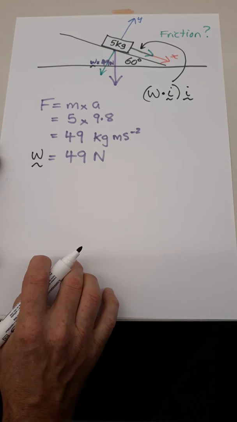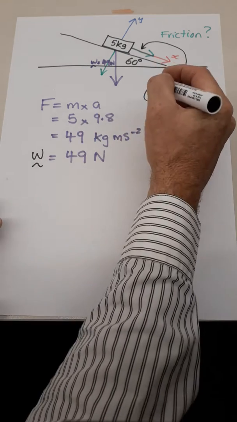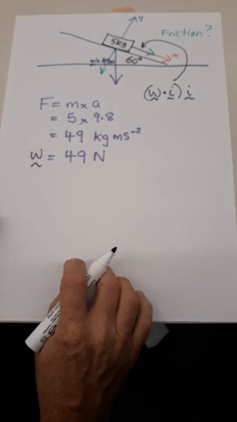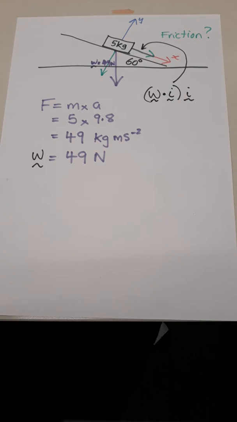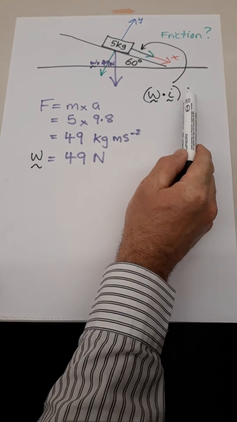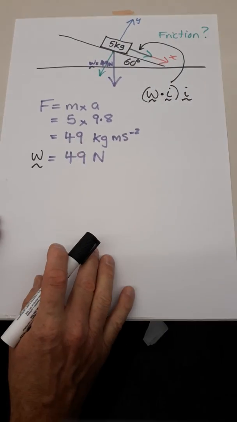How much of W, the purple vector, is heading down in the x direction. So I'm doing the dot product of the vector W and the unit vector i, the unit vector in the x direction. And then I'm using i as a direction finder to make it a vector in that direction.